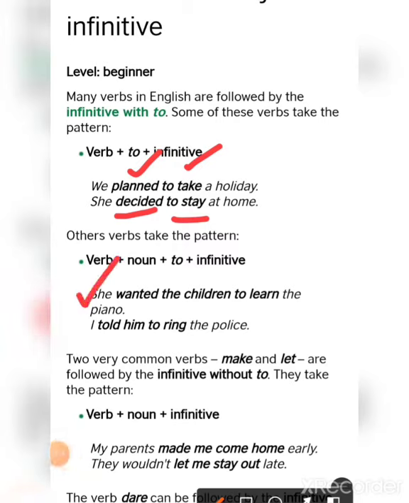She wanted the children to learn piano. She wanted, first the verb, then you can use the noun, then the to infinitive. I told him to ring the police. Here told is the verb, after that the noun, then to ring. Okay, so I told him to ring the police. In this way also you can write the sentences.